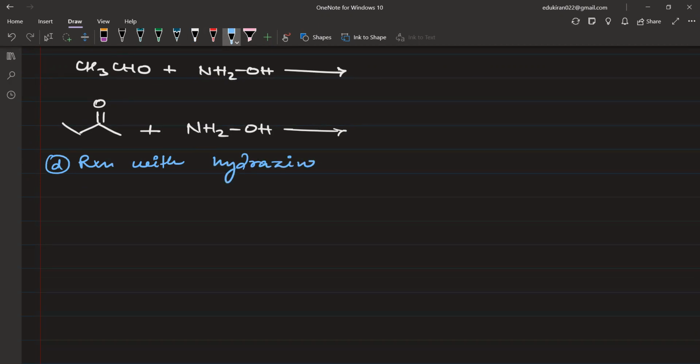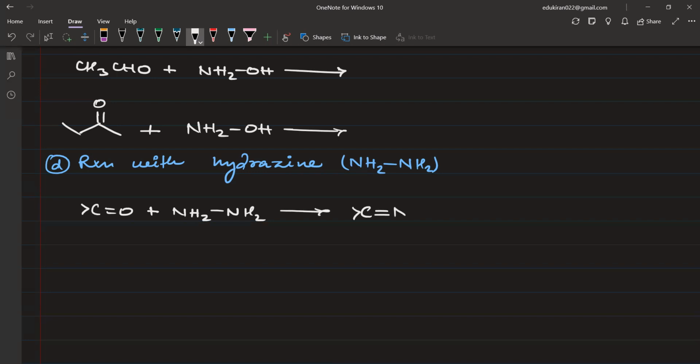Hydrazine. Hydrazine is NH2NH2. C double bond O plus NH2NH2 is going to give you C double bond N will be there, bonded to NH2.